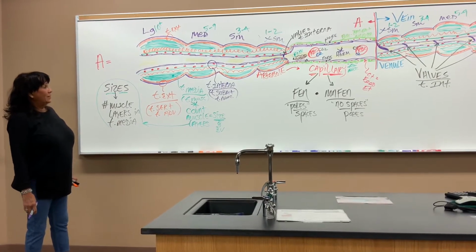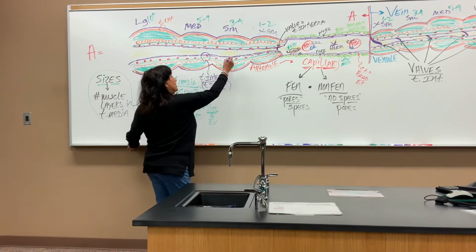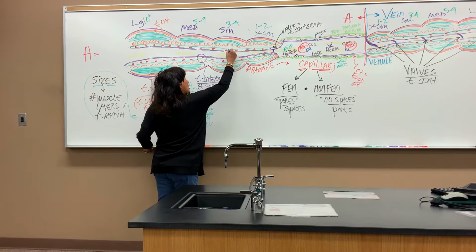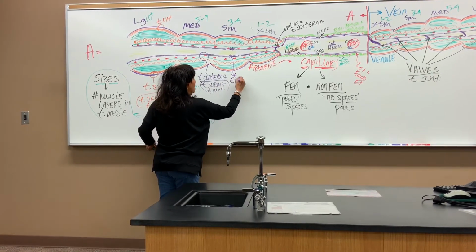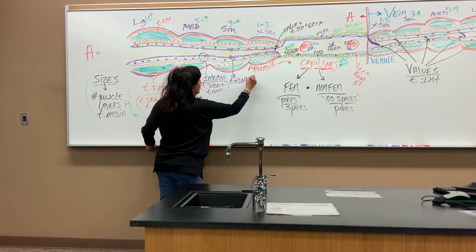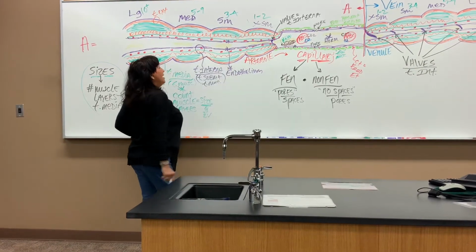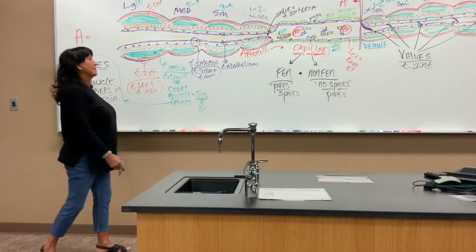And then we have the inside layer of simple squamous ET right here. Put a star on it. The star is the endothelium. Endothelium right here. So it's the inside simple squamous layer, right?